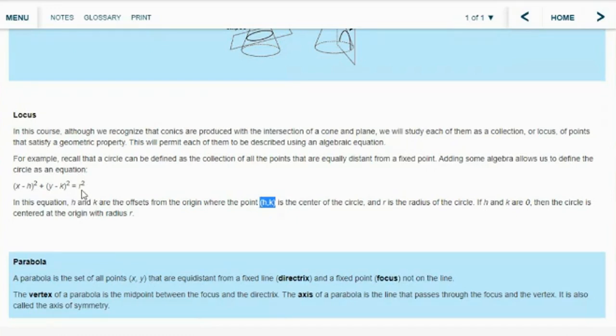That's the traditional circle equation we see, as long as it's centered on the origin. But if the center is not on the origin, you have the h and k, x minus h and y minus k, to show where the center of the circle is. And r is the radius, right? So r squared is in the equation. r is the radius of the circle.